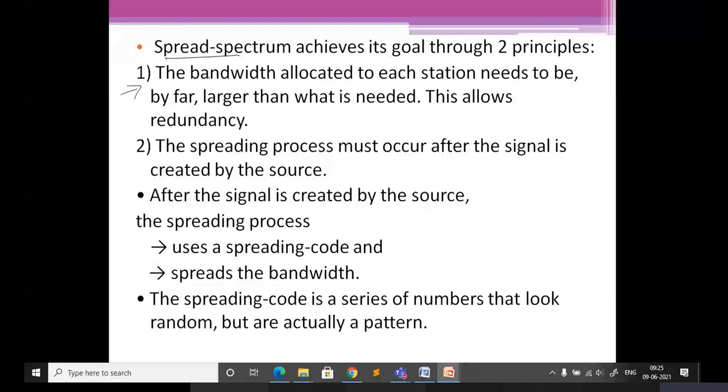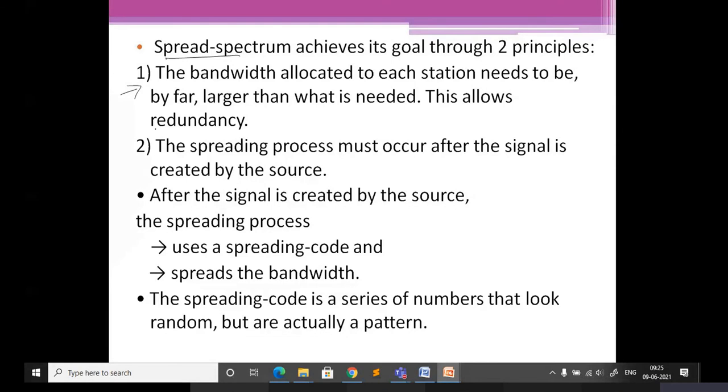The first principle tells that the bandwidth allocated to each station needs to be by far larger than what is needed. This allows the redundancy.